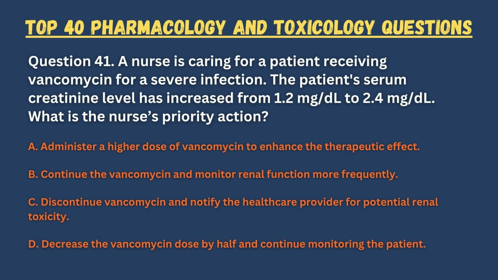A. Administer a higher dose of vancomycin to enhance the therapeutic effect. B. Continue the vancomycin and monitor renal function more frequently. C. Discontinue vancomycin and notify the healthcare provider for potential renal toxicity. D. Decrease the vancomycin dose by half and continue monitoring the patient.